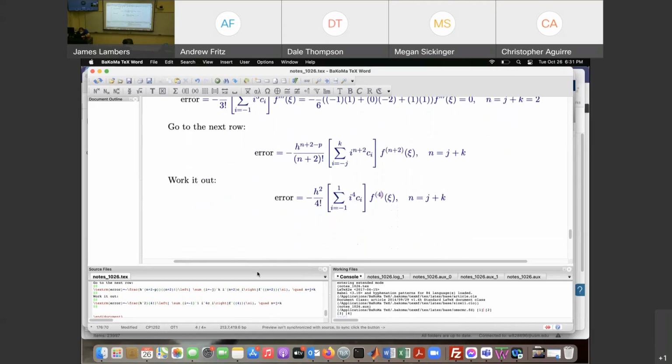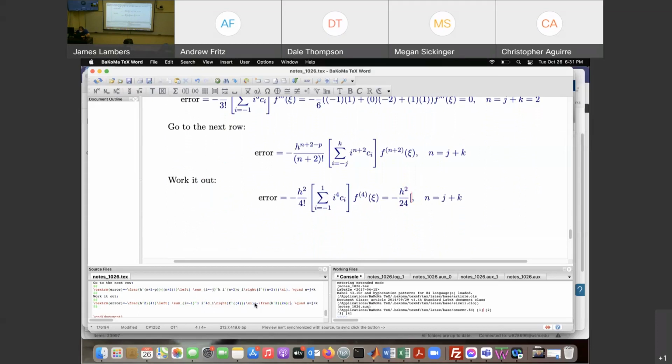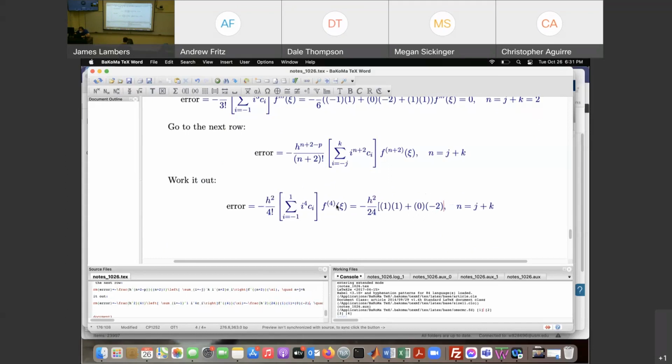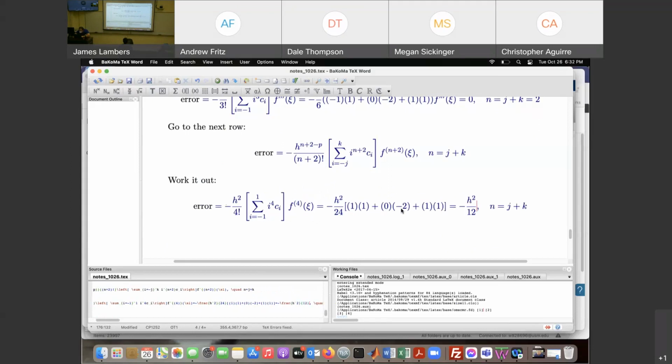Okay, so this sum will turn out to be h squared over 24 times minus 1 to the 4th times the coefficient. All right, so these don't cancel out, they add together, and we get minus h squared over 12.